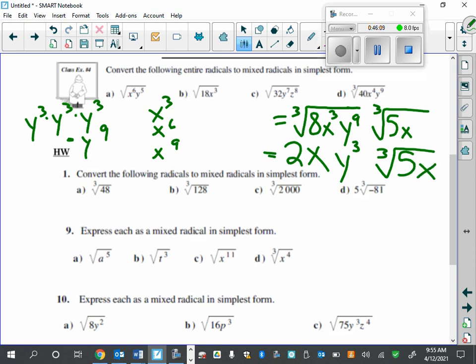I don't care if you want to break up the radical part first, then the x part, then the y part, or if you want to do the perfect square first. This might be easier for you. It's certainly a little easier to look at when you have perfect squares times non-perfect squares. But it doesn't matter. You'll get the exact same answer.